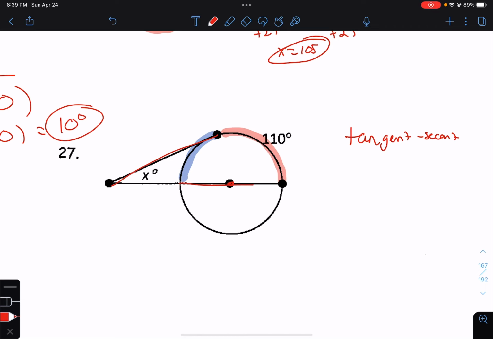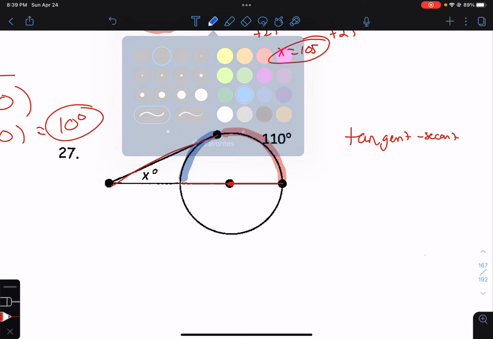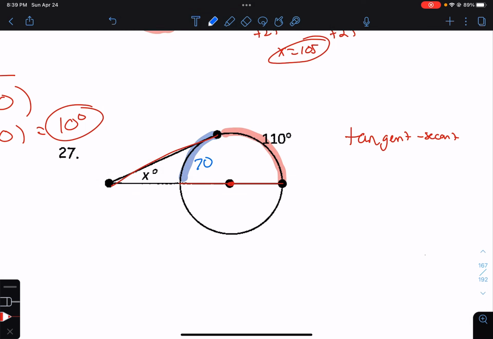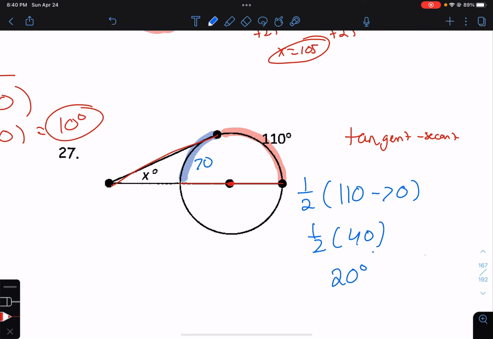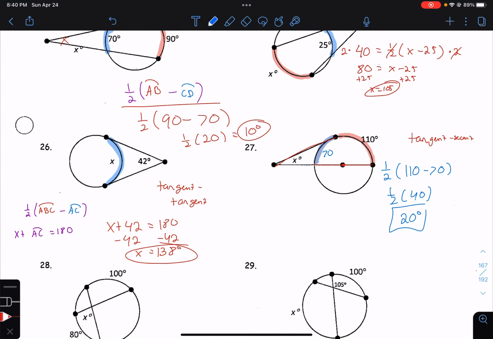This actually is the diameter, and the diameter is going to cut the circle in half. Half of the measure of a circle is 180. So if this is 110, this guy here has to be 70. So we can go ahead and plug that right into our formula. We're going to do 110 minus 70 times 1/2. We get 1/2 times 40, which is going to give us 20 degrees as our x value.